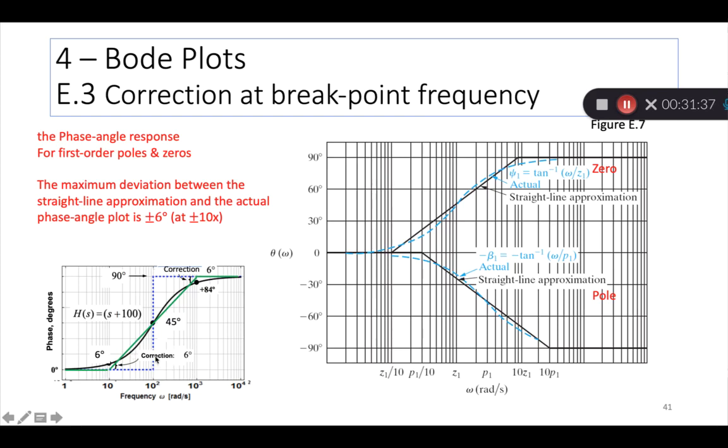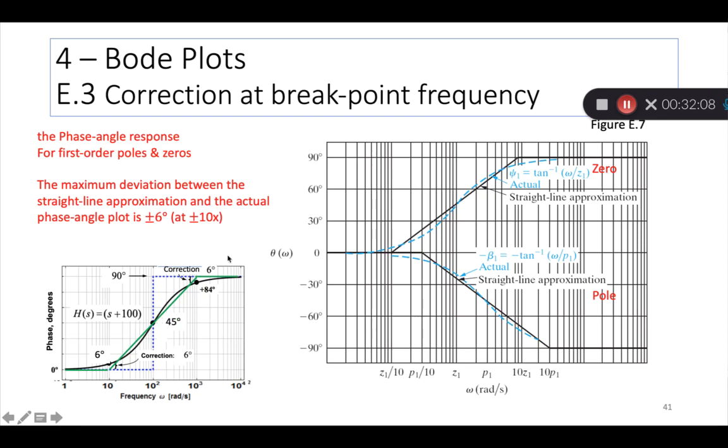So if this is the break frequency, 1 decade before the break frequency and 1 decade after the break frequency, you get to the flat portion, right? So there's flat, then a sloped straight line, and then flat again. This has a 45 degrees per decade slope, and a midpoint of 45 degrees or minus 45.